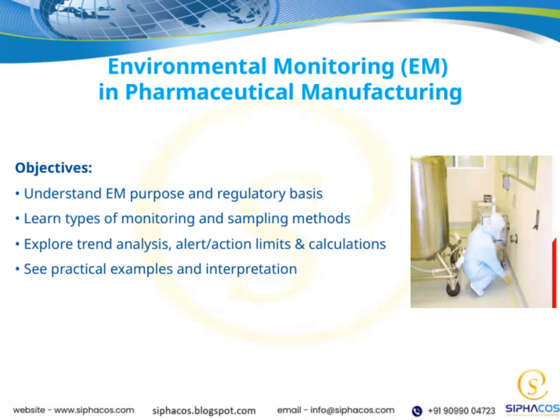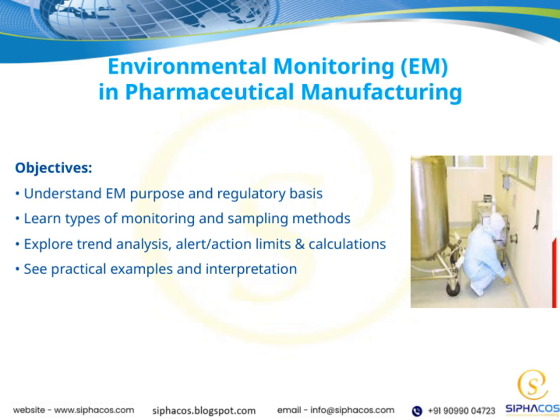Today, we're going to focus on the key objectives for understanding environmental monitoring in pharmaceutical manufacturing. First, we want to grasp the purpose of EM and the regulatory basis that guides it. This means understanding why monitoring is essential and how regulations shape our practices. Next, we'll explore the different types of monitoring and sampling methods, so you can recognize which techniques are appropriate in various scenarios.